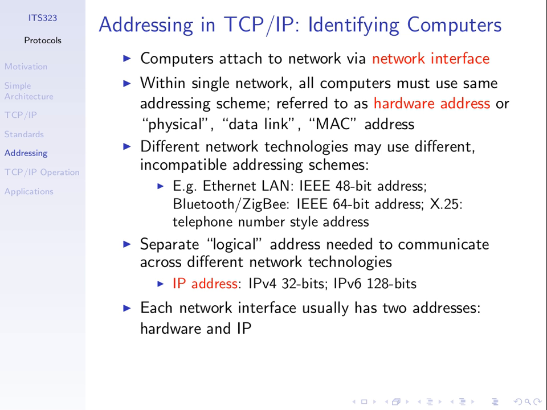A hardware address identifies an interface on a local network. An IP address identifies an interface, and more generally a computer, on the internet. Any questions about the differences between the two types of addresses?